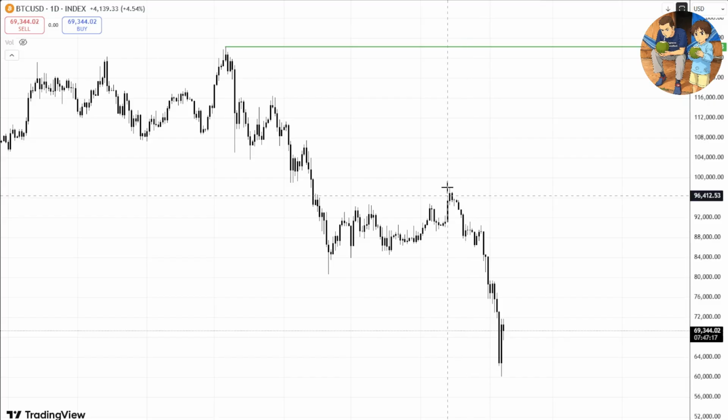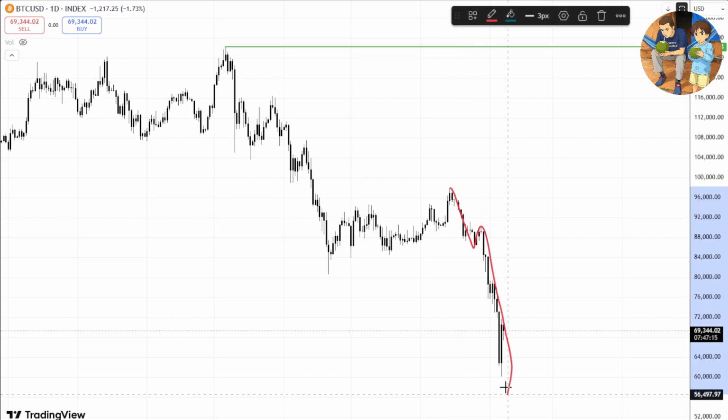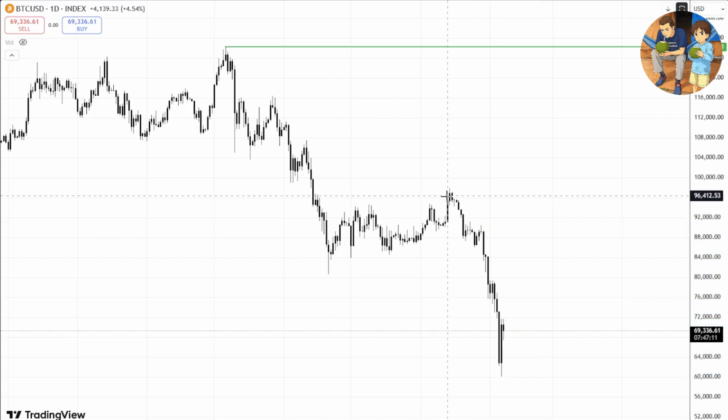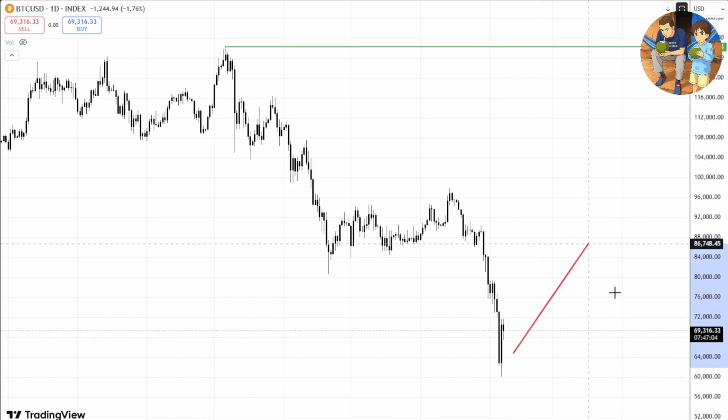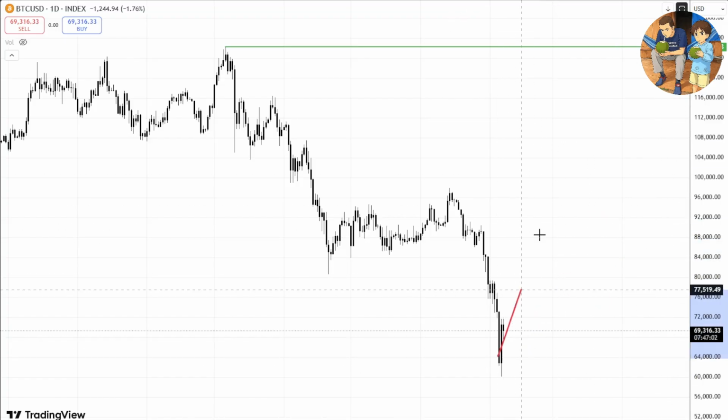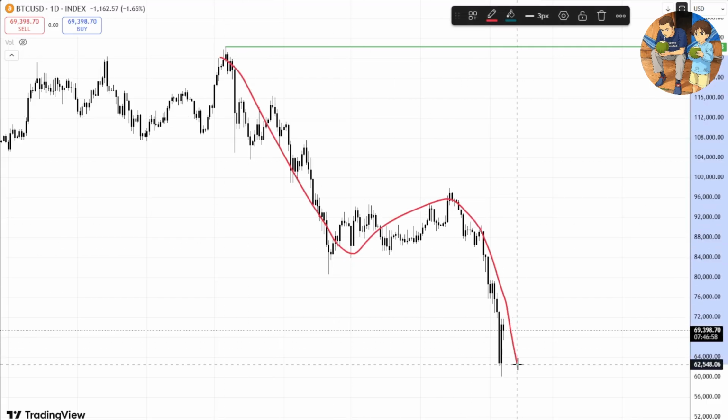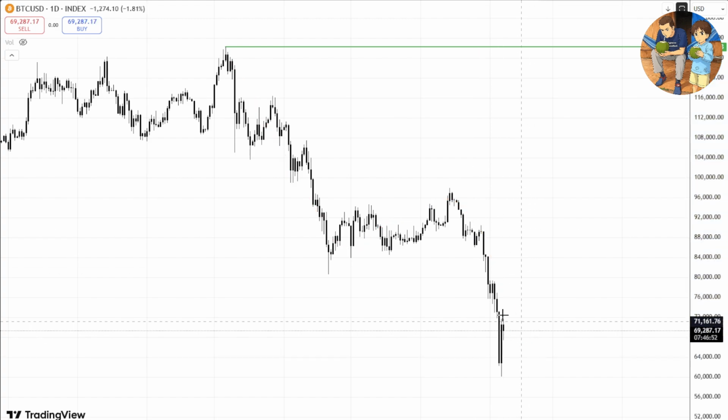In that case we might also need the same 5 wave impulse like in the other scenario, but then another B and then a bigger wave down, or as we discussed, a triangle or a flat. So in this case that we have a WXY, we really can be sure that we need to see more correction.